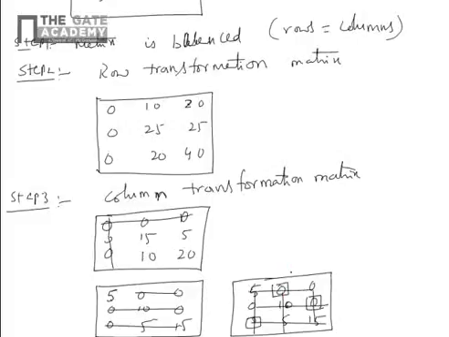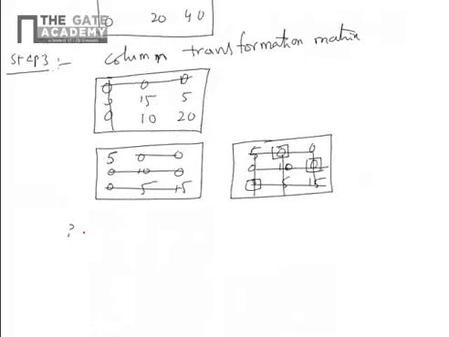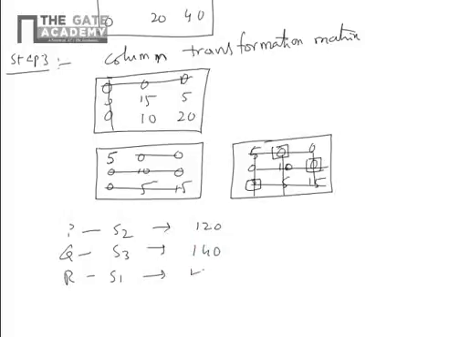Look at the values corresponding to those. P to S2, Q to S3, R to S1. The values are: P to S2 is 120, here it is 140, here it is 125. Answer is 385. That's it.